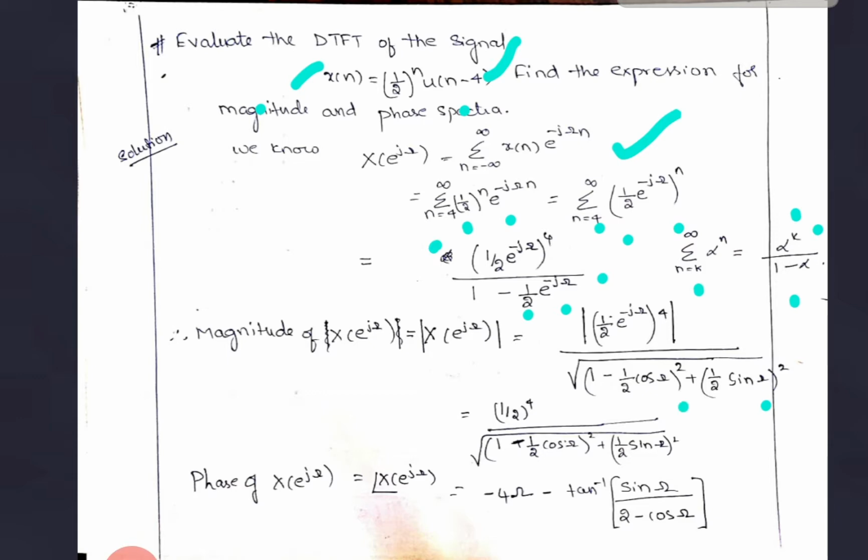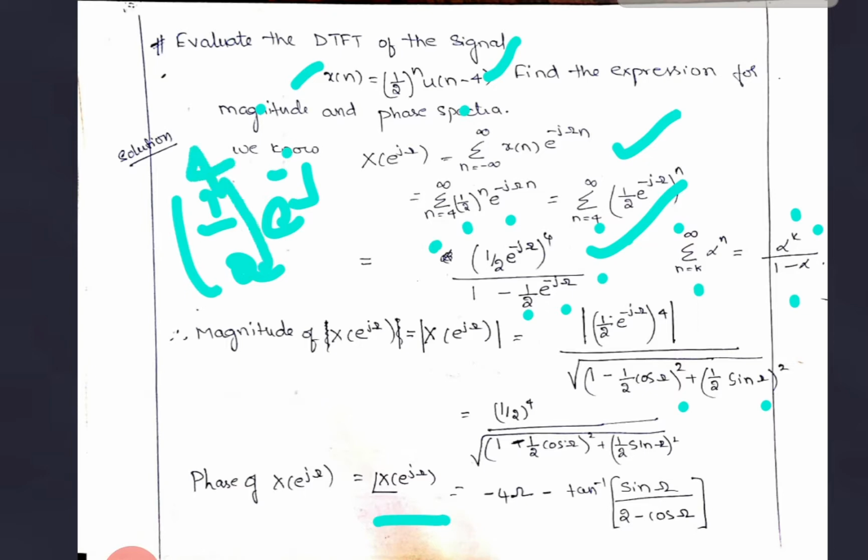Now if you take the phase of the given signal, this is of the form 1 by 2 e raised to minus j, this is also whole raised to 4, minus j 4 omega. So this is of the form r e raised to minus j theta. So theta is nothing but the angle, therefore minus 4 omega.